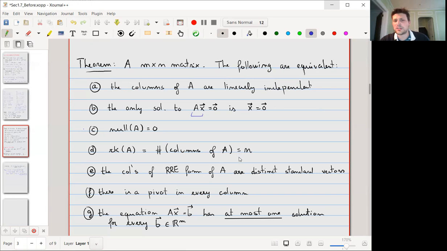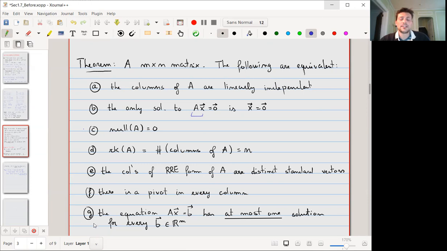Take a second to think about it and maybe try to draw a matrix down. You'll see that there's no other way that this could happen. Another thing that the rank being n forces is that there must be a pivot in every column. The rank is the number of pivots. If it's equal to the number of columns, then there must be one in every column.